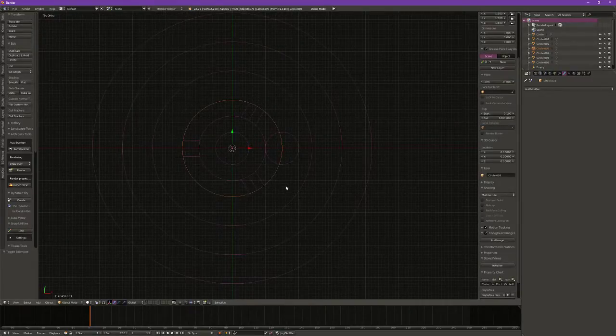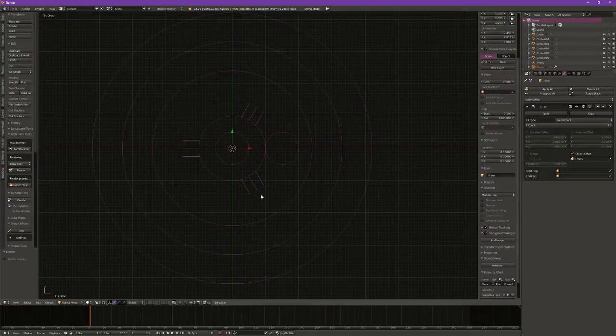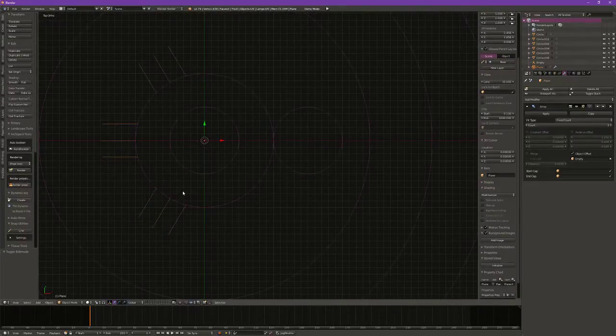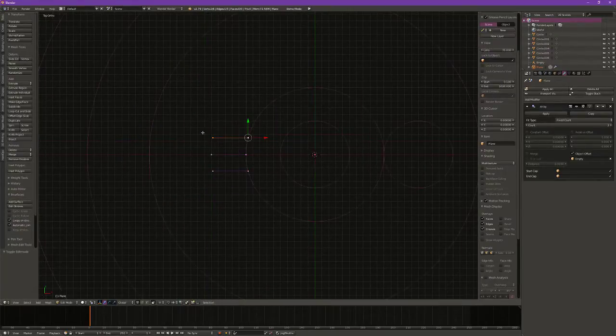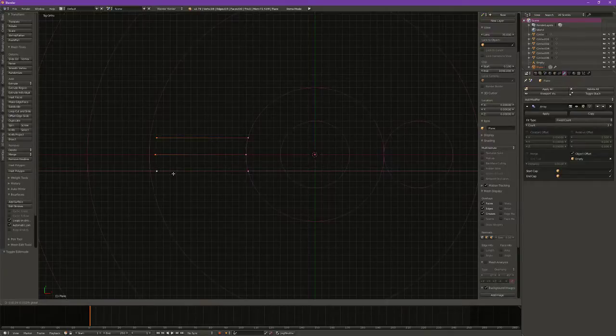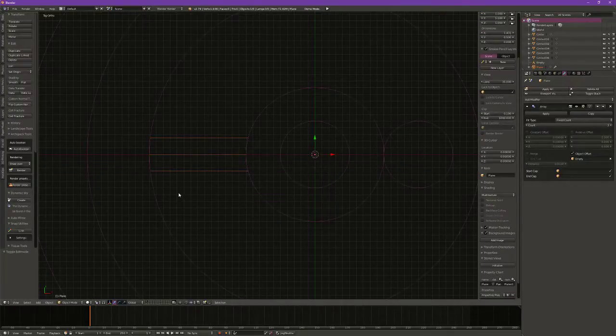What's this thing again? Nothing, that was the old page. Just rotate that around. Okay.